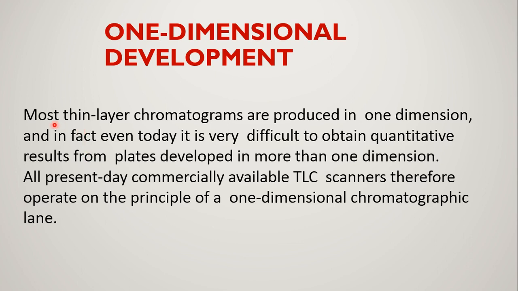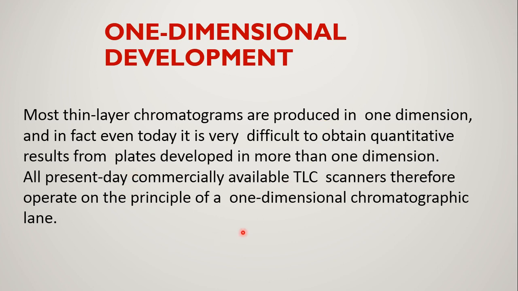Most thin layer chromatograms are produced in one dimension, and in fact even today it is very difficult to obtain quantitative results from plates developed in more than one dimension. If we do the experiment in two dimensions, then we don't get better quantitative results. So generally one dimensional TLC is applied.